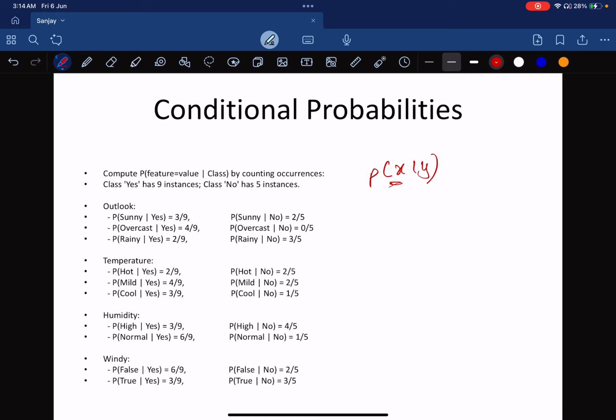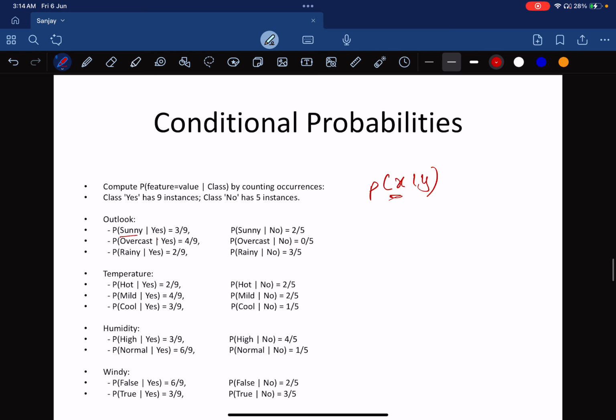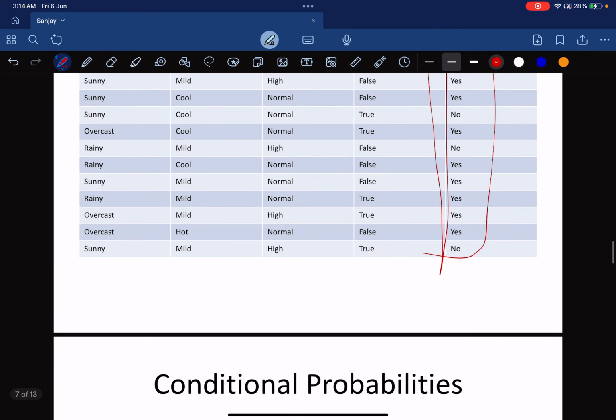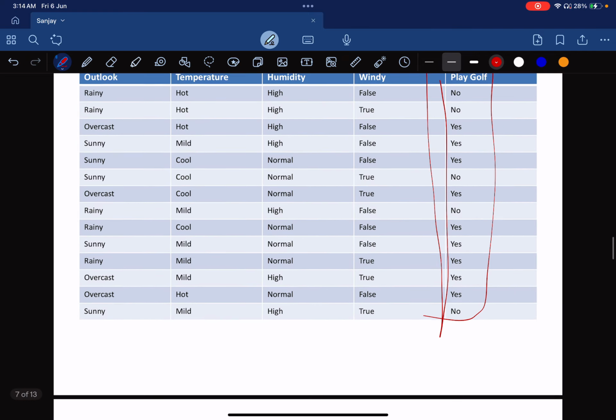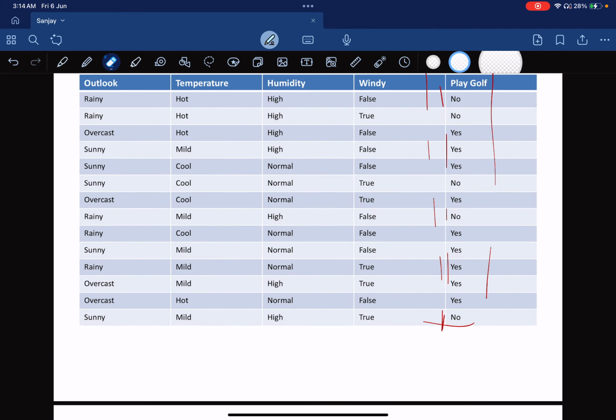And similarly for class no, whenever sunny comes, what is the probability we don't play the game, right? We can find it by the probability of sunny given yes, which means we take all the yes's. For example, these are the yes's, right?